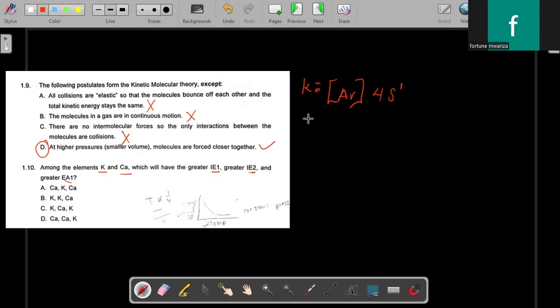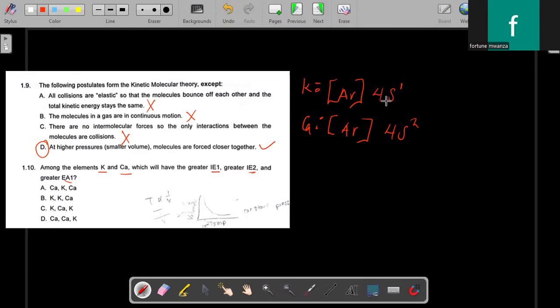For the other one, calcium, I'll still use argon to indicate the core electrons, meaning I have two electrons in the 4s. Now between these two, which one has greater ionization energy? You have electrons which are paired in the s orbital and an electron which is not paired in the s orbital.